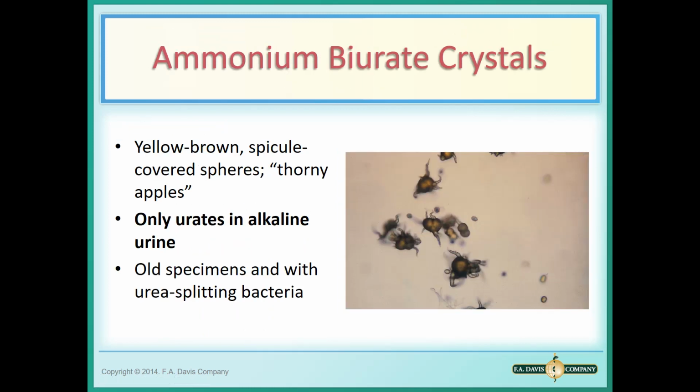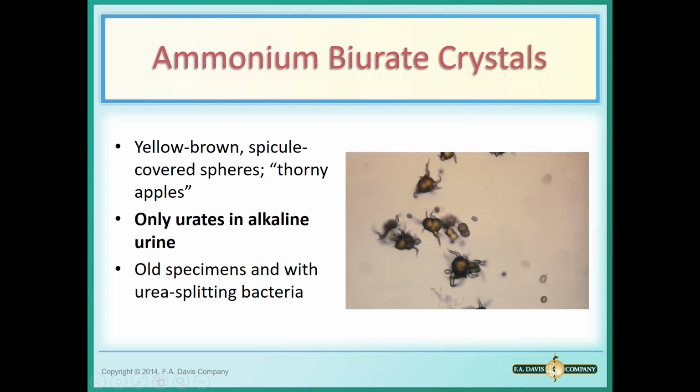Ammonium biurate, we call this one a thorny apple. So if you pretend that's an apple and it has thorns off it, right? These are yellow-brown, very, very identifiable, only seen in an alkaline urine. And we typically see it in a urine that is alkaline with bacteria in it.